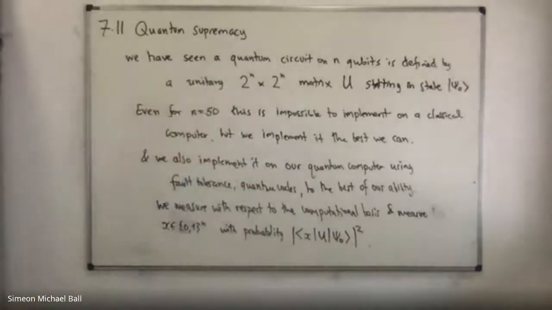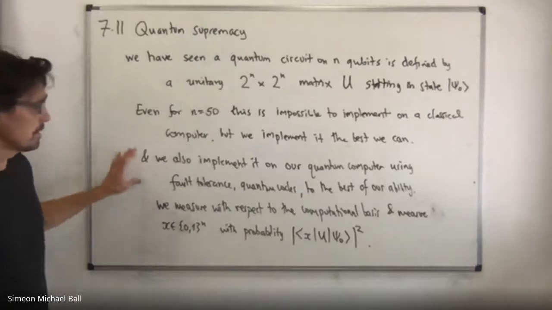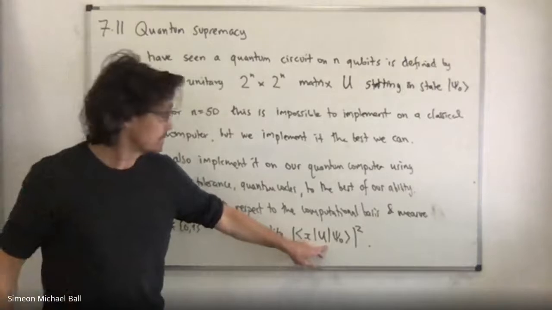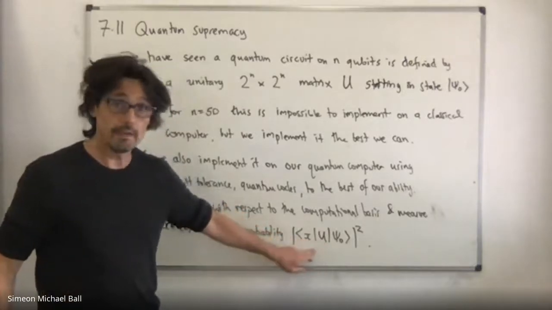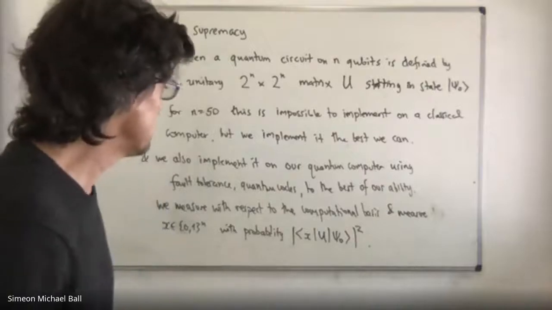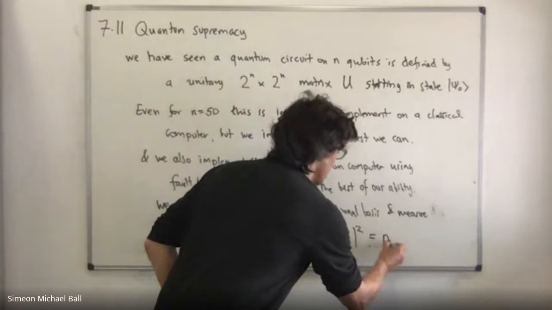Okay, so that will be what happens on our quantum computer. We initialize one state, we apply a randomly chosen U, and then we do a measurement with respect to the computational basis, and we'll get this probability. So this is going to be some probability, let's call it P quantum computer.